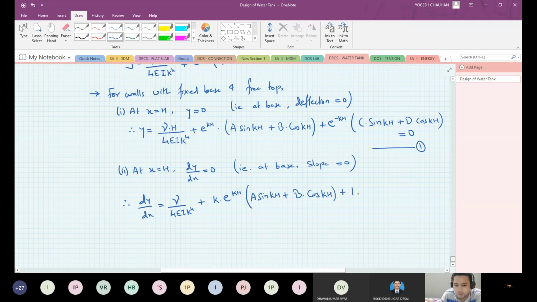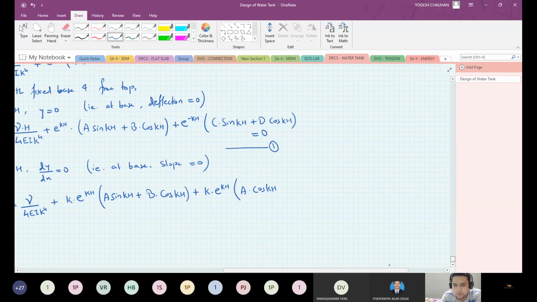So again it will be k times e raised to the power kh, and this time A cos kh, and differentiation of cos will be minus sine, so it will be minus B sin kh.